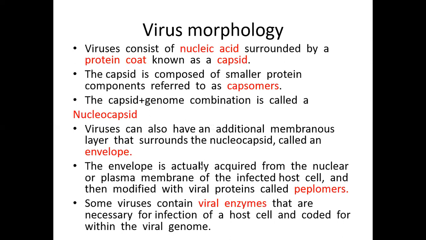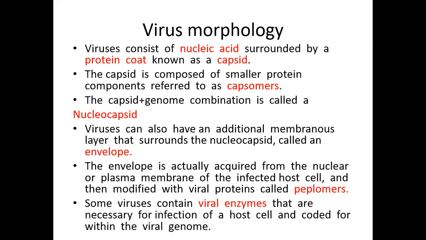Viral morphology. A virus has a very simple morphology. They have one main structure, nucleic acid, which can be RNA or DNA, not both, only RNA or DNA. And their nucleic acid is surrounded by a protein coat, which is known as a capsid. The capsid is composed of smaller protein components referred to as capsomers.